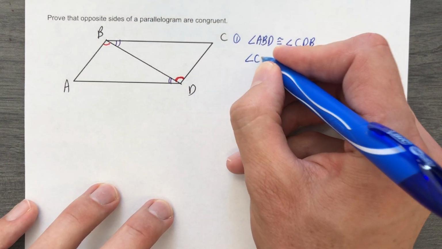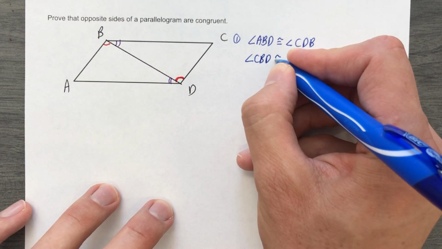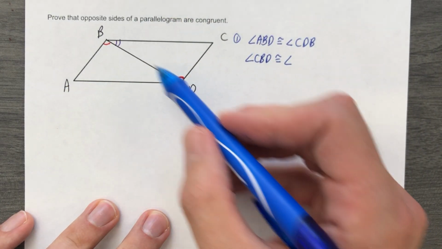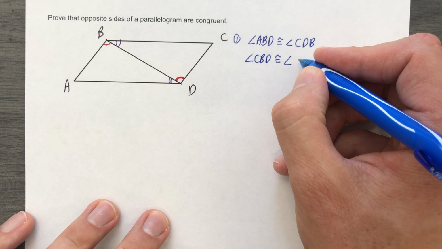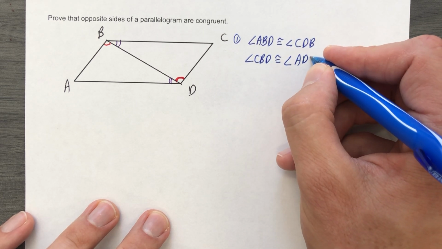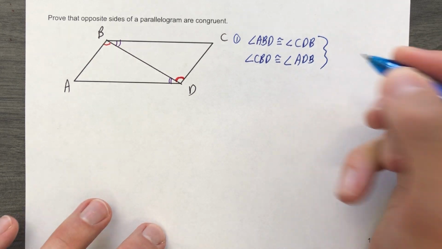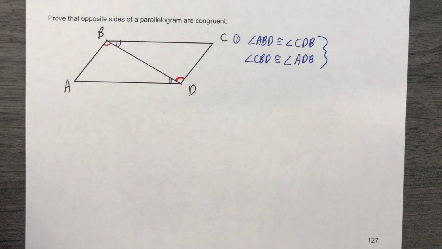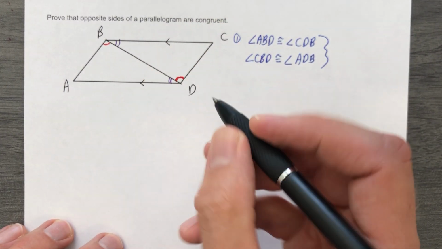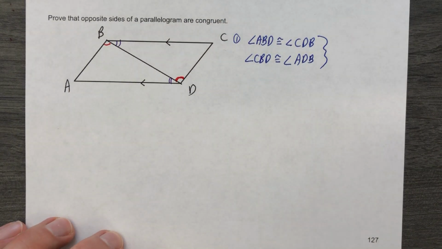Angle CBD is congruent to angle ADB. The reason for both of these is the fact that, hang with me now, we have parallel lines that are cut by a transversal.